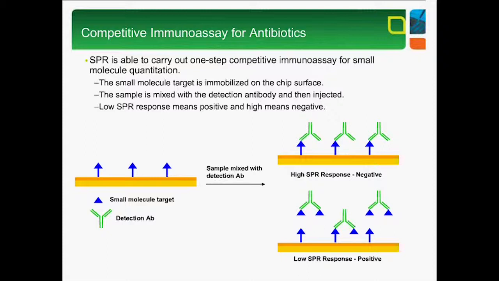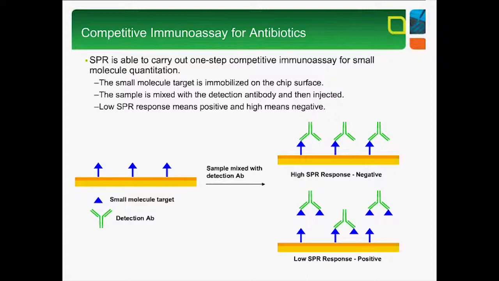And in this manner, we are able to run the competitive immunoassay because we can mix the specific antibody with the food sample. And if the food sample has the same antibiotics in the sample, then the antibodies will be saturated. So you will not see a binding of the specific antibody to the antibiotics on the sensor chip surface.